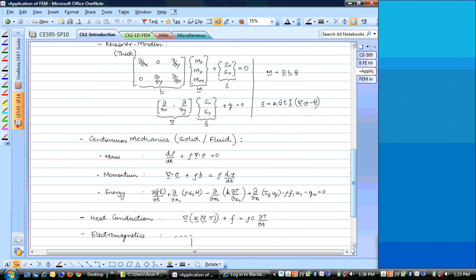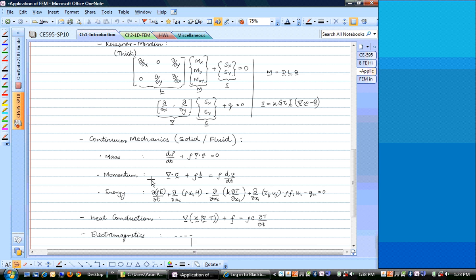But a couple of other PDEs that I've mentioned in this handout are equations that govern the behavior of any continuum. It can be a solid, fluid, gas, whatever. So as long as you can represent your material as a continuum, the equations that govern that behavior are these three: conservation of mass, conservation of momentum, conservation of energy.